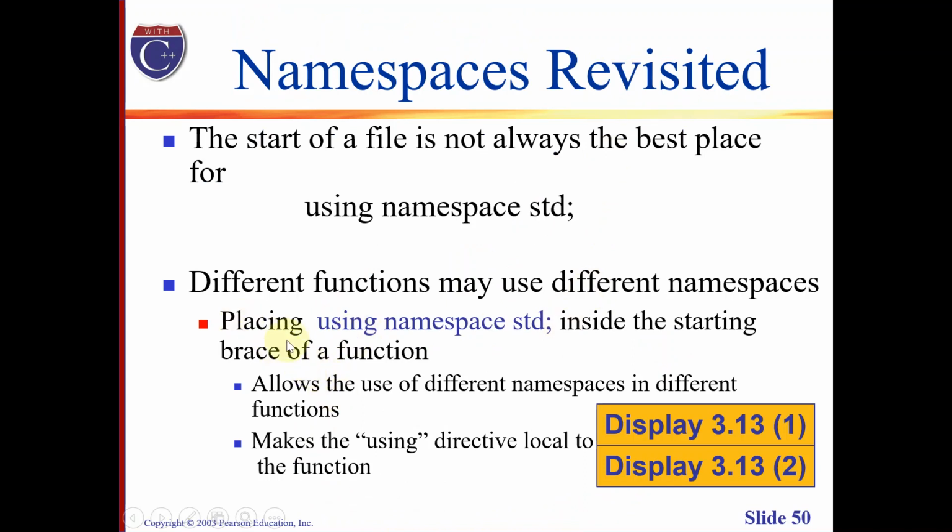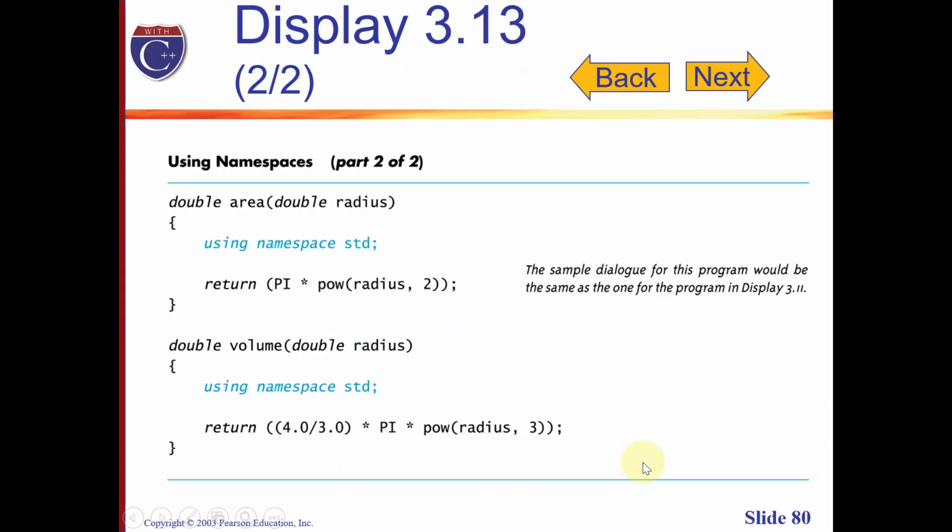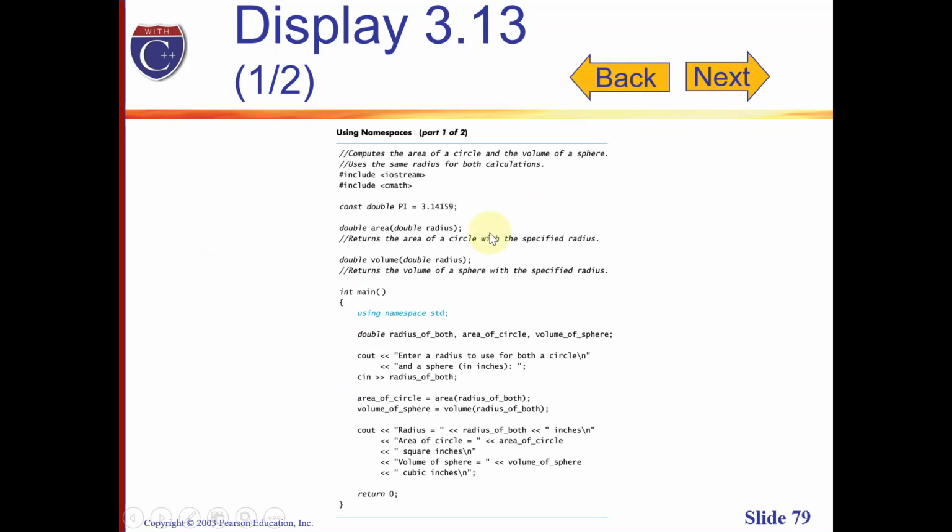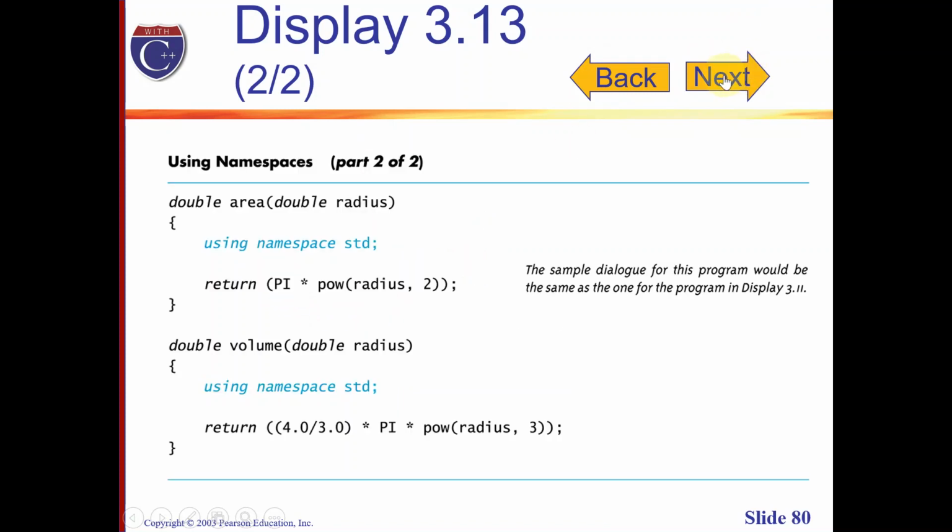And also, we can make it local to a function, just like this one. So these are some of the ways that we can use namespace local to our main program as well as local to our functions.